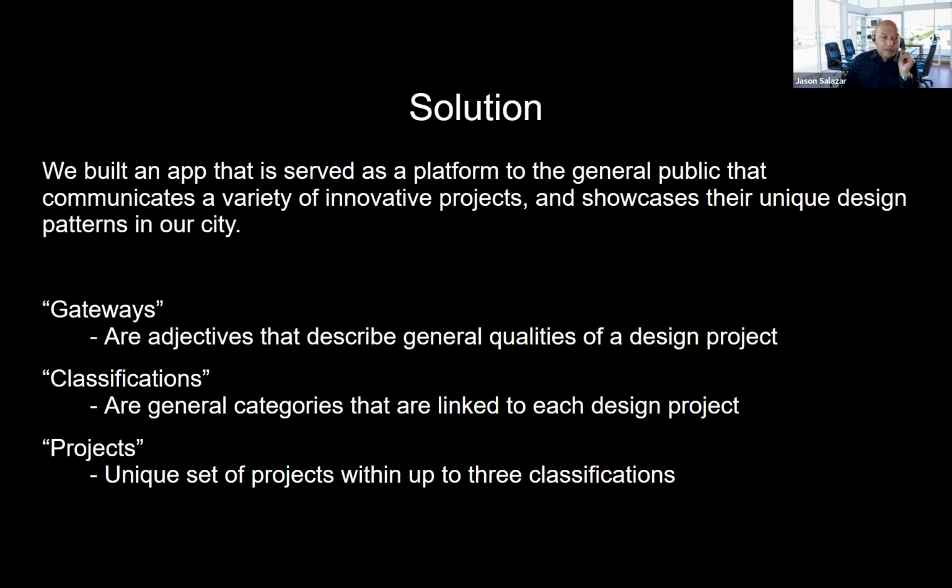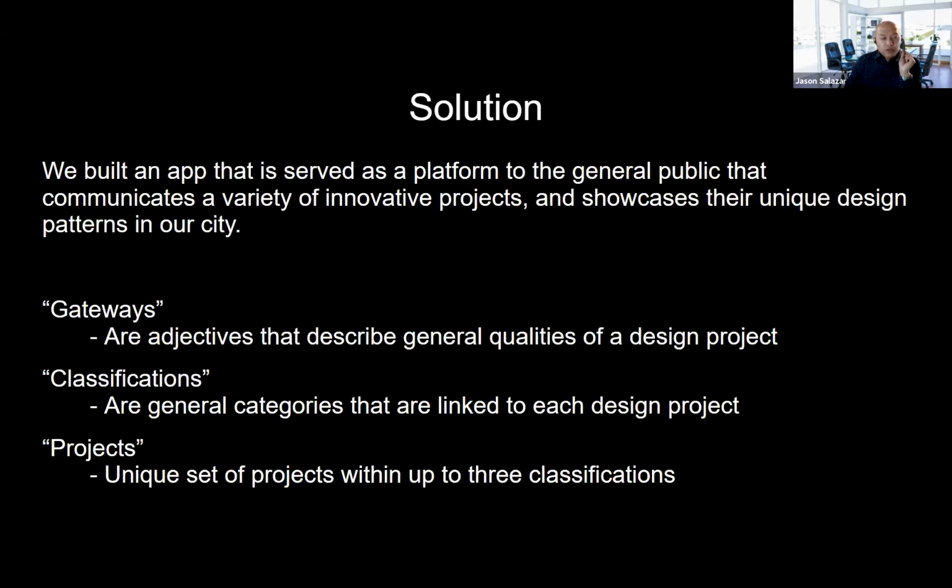Well, our solution, in conjunction with the design team here, is we built an app that serves as a platform to the general public that communicates a variety of innovative projects and showcases their unique design patterns in our city. Throughout our app, you'll see these terms. There are gateway words, which are adjectives that describe general qualities of a design project.